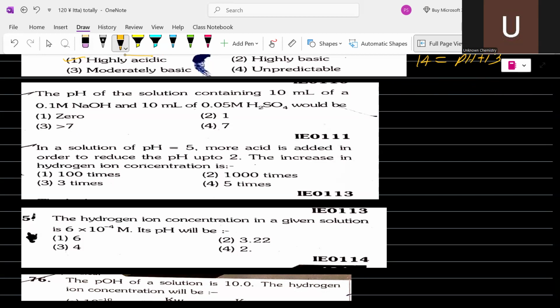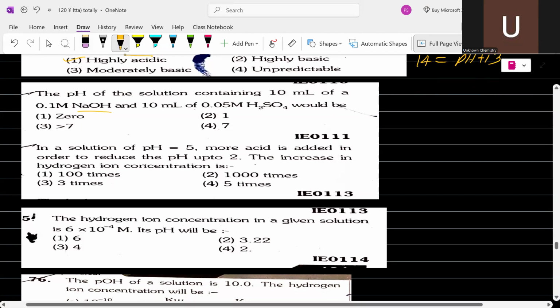So let's directly write down that reaction so that we can understand. We have NaOH and we have H2SO4. When H2SO4 is mixed with NaOH, we know that 1 mole of H2SO4 requires 2 moles of NaOH. It forms Na2SO4. It is a very simple calculation.